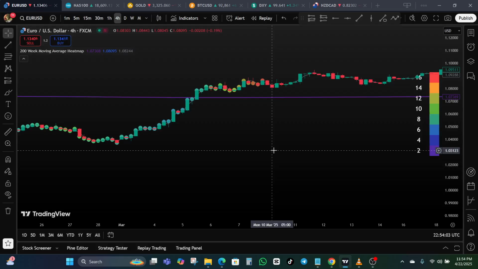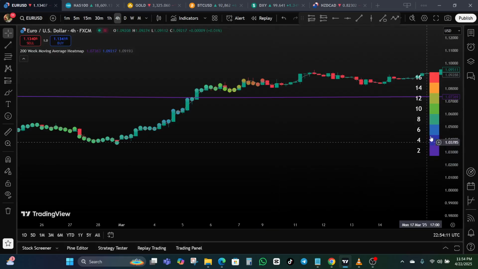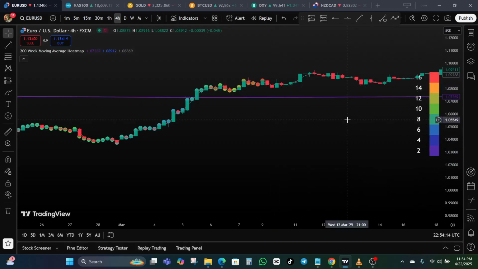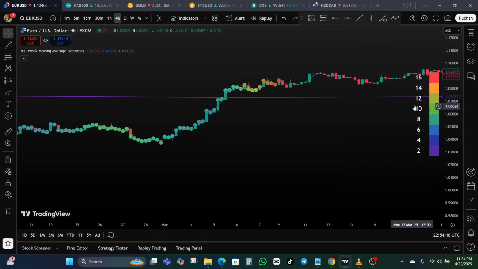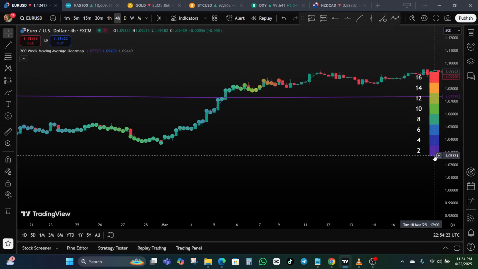Now, the colors tell you when an asset is overheated or undervalued, right? This is like the legend for the color scheme. You can see overheated being red, and cooling down. As the color comes down, it means that it's cooling down, right?